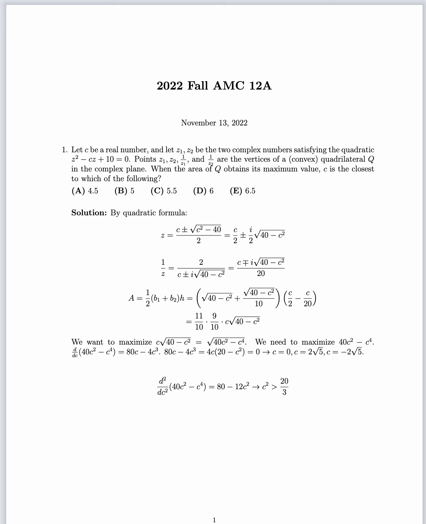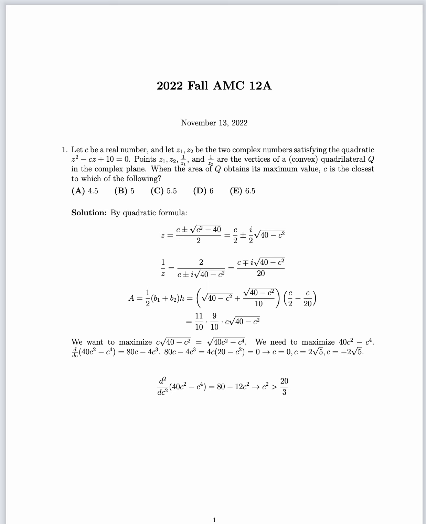So C squared is greater than 20 over 3. And obviously, C squared is equal to 20, which is obviously greater than 20 over 3. So therefore, the critical point 2 root 5 is the maximum.